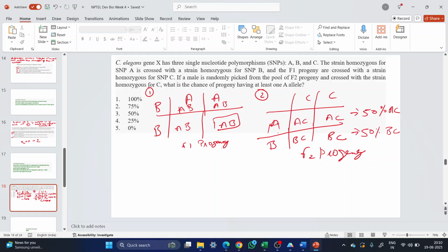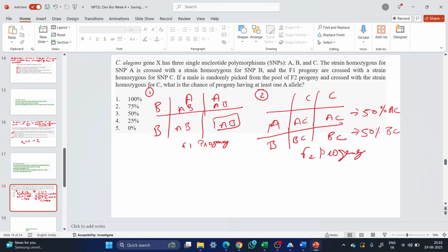If the male is BC, is there any chance of having A allele? No, because BC has no A and it is crossed with homozygous C. So from here there is no chance, but even then we are going to solve it. What is the chance of progeny having at least one A allele?